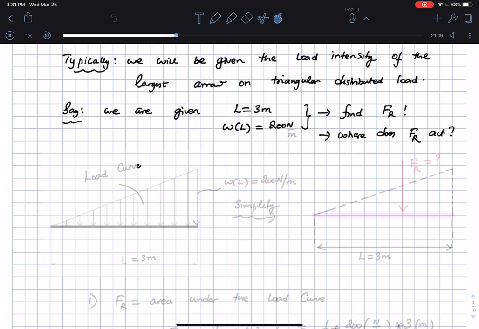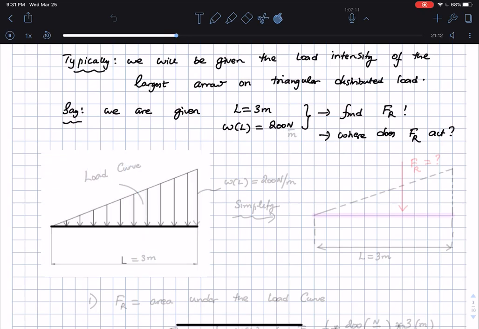This is typically how I would look at the problem. I bring the problem in again, and I say, okay, this is the complicated situation that I have. In this problem I did not even draw the supports because this is just an example, but in the future we will have problems where there will be distributed loads and the corresponding supports acting. So let's say that L is equal to 3 meters, and W at L is equal to 200 newtons per meter. I'm sorry, this has to be 200 newtons per meter.